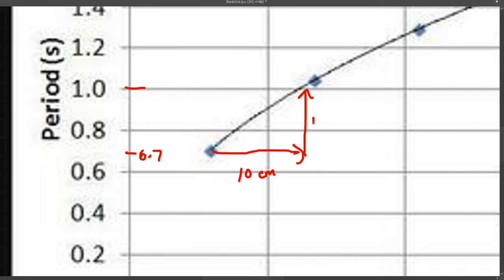That's a total of a 1.3 second gain. Making my pendulum 10 centimeters longer seems to raise the period by 1.3 seconds. That's nothing new. We have done those comparisons for months now.